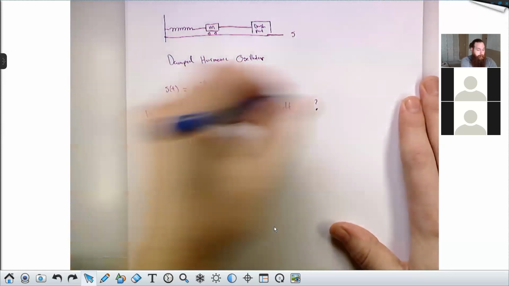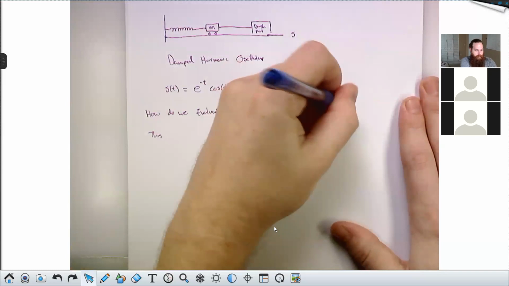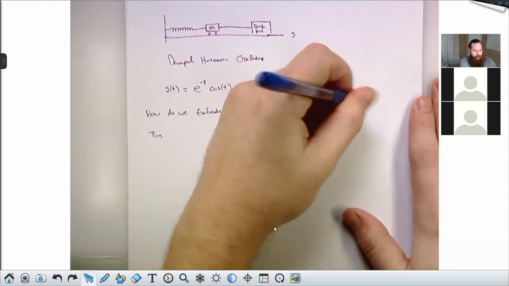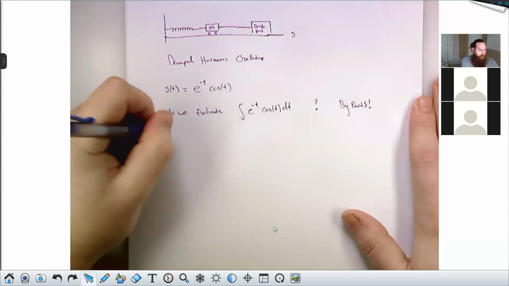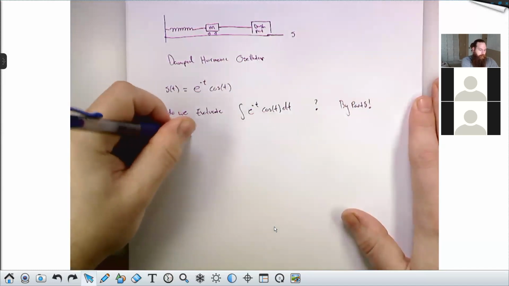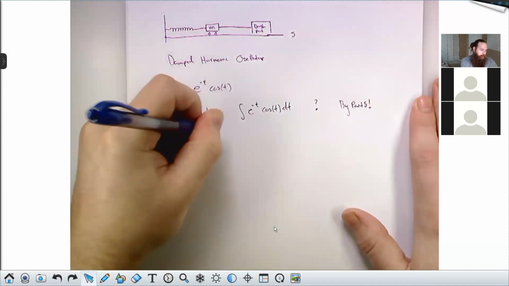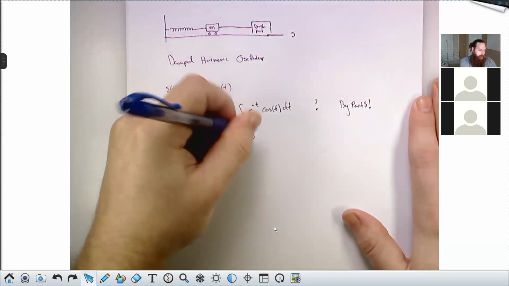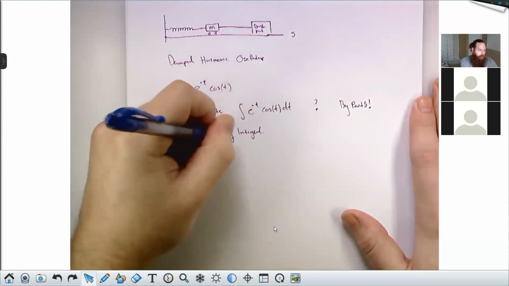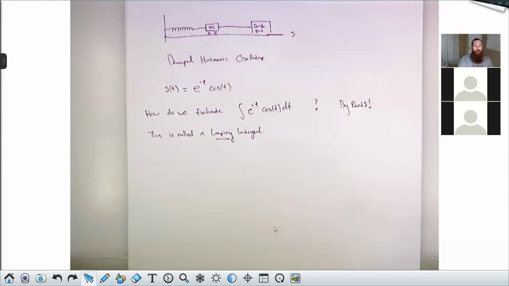So first, by parts, using the technique we just learned. And this is called a looping integral. And you'll see why it's called a looping integral in just a second.